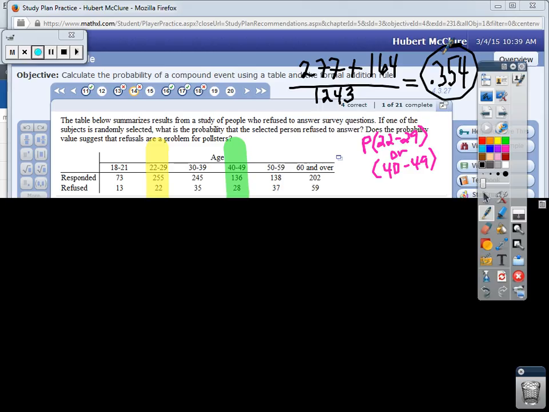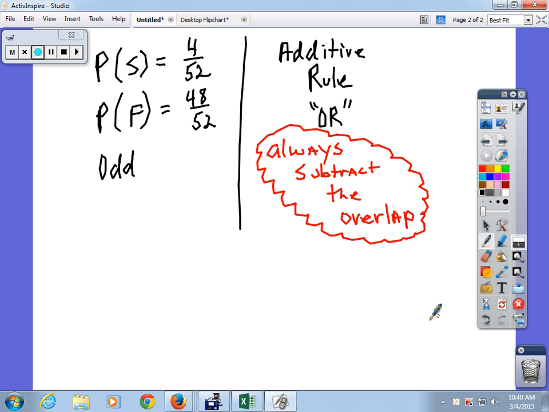So when you see the word or, what are you going to use? Adding. When you see the word and, different story. The multiplicative rule.